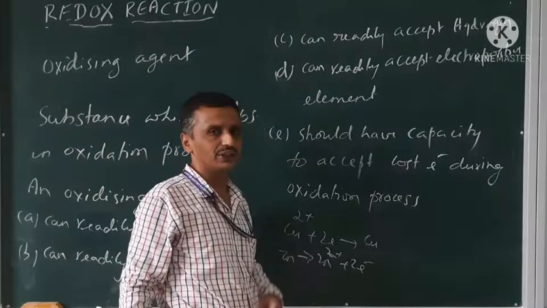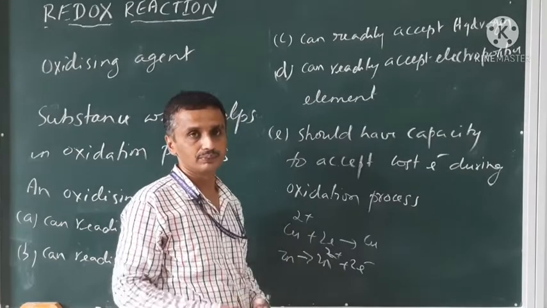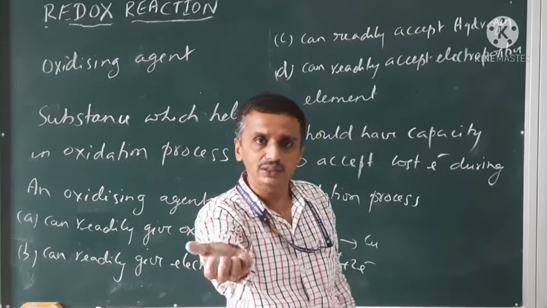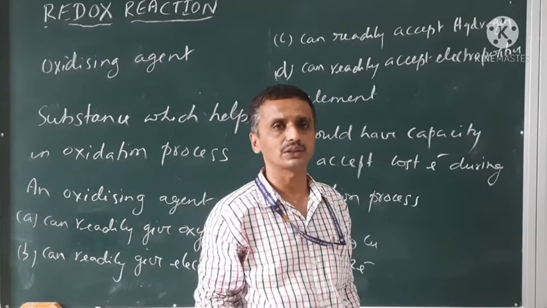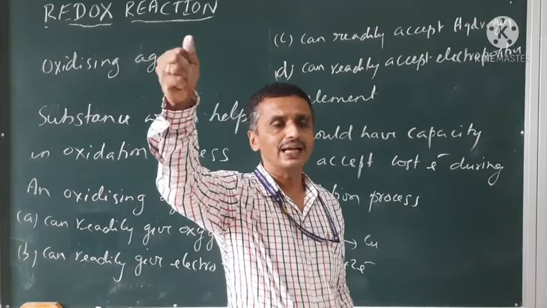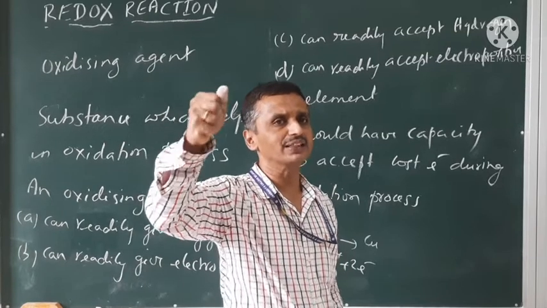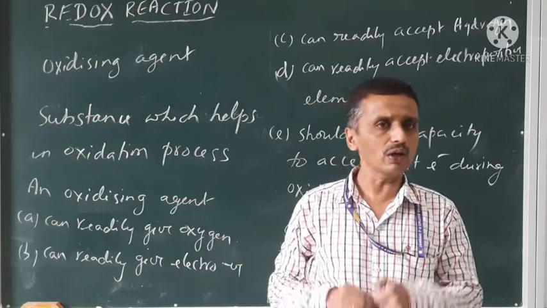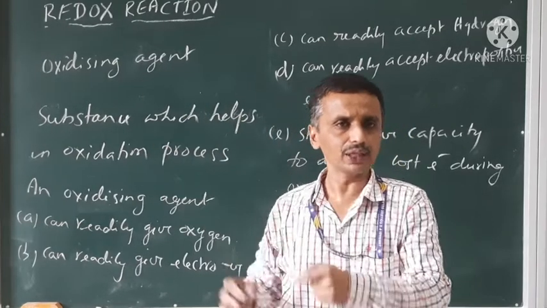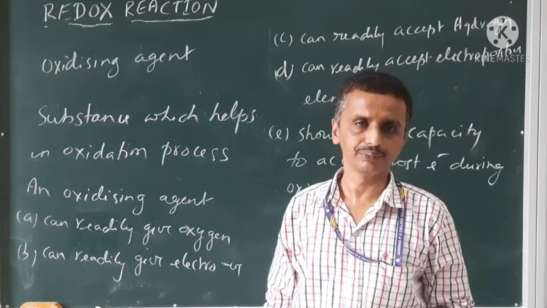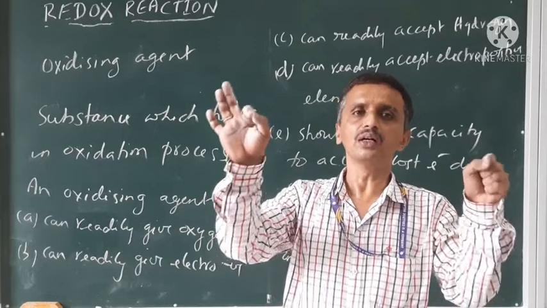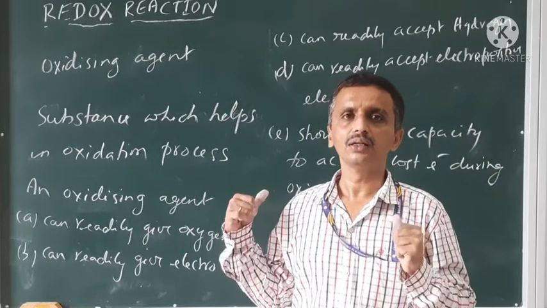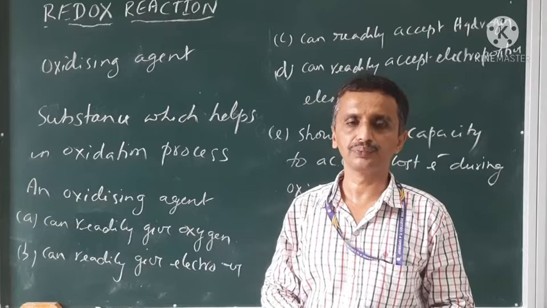Whatever electron is lost from the zinc is taken by the copper 2 plus. Means it is readily helping the zinc to lose the electron. The electron lost cannot go somewhere. It has to be taken by something. It will help in the oxidation of the metal zinc over there. So it is an oxidizing agent.